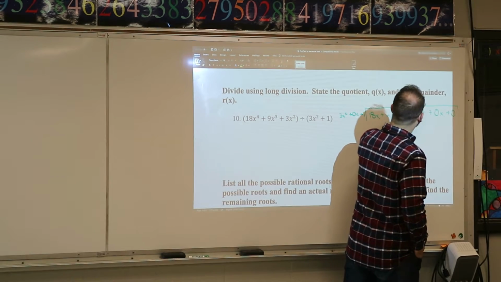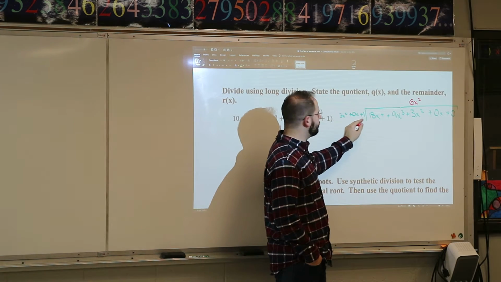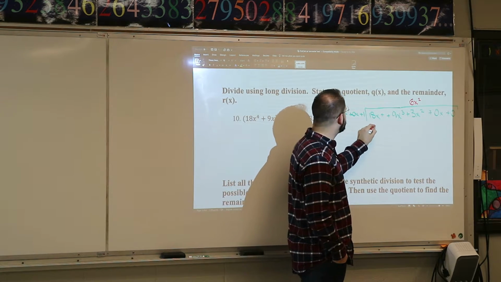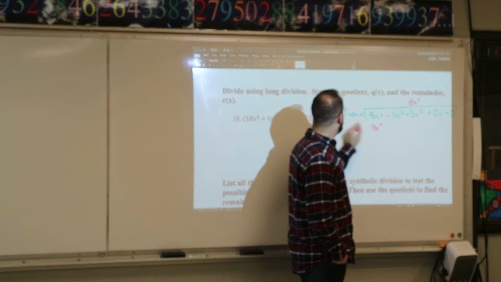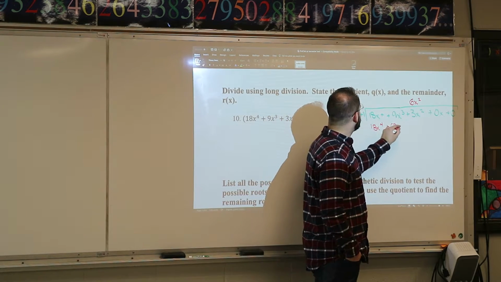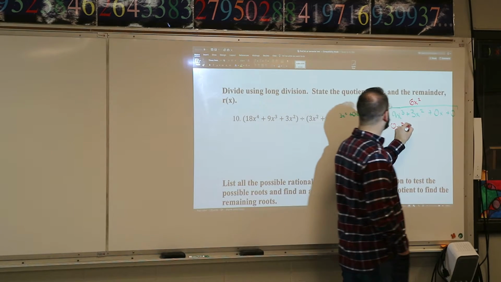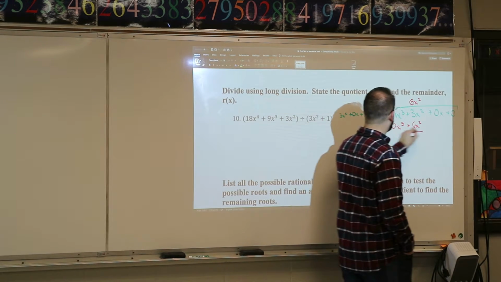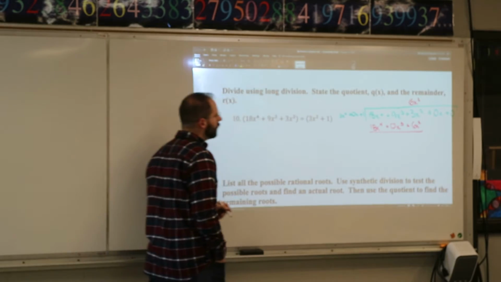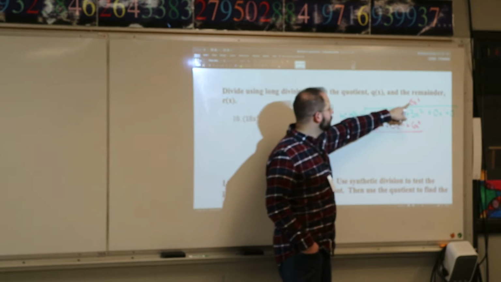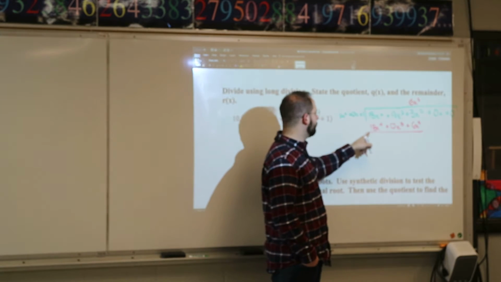I have to multiply by 6x squared here, so if I take all these times 6x squared, I get 18x to the 4th, 0x to the 3rd, because that'd be 0 times 6 is 0, and then 6x squared, because that's 1 times 6x squared. So that's taking that item times everything on the outside.